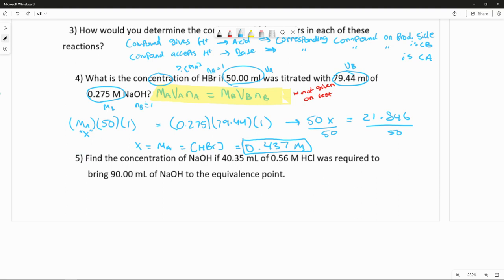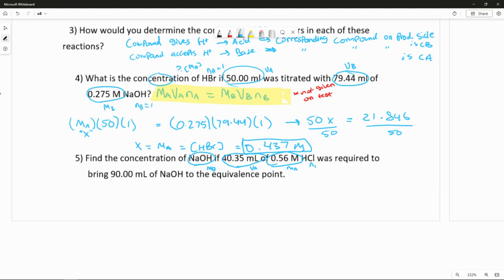It says, find the concentration of NaOH. So we're looking for the M for B this time, since it's sodium hydroxide base. If 40.35 milliliters of 0.56 molar hydrochloric acid, so this is the Va, this is the Ma, and the HCl has no subscript after the H. There's no 2, there's no 3, there's just an invisible 1.